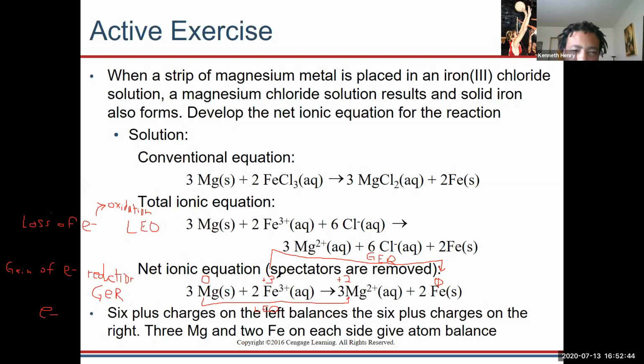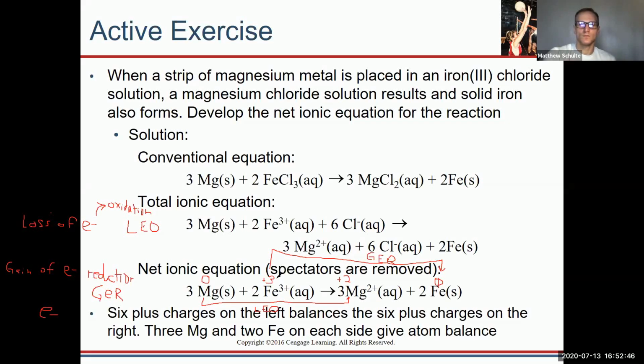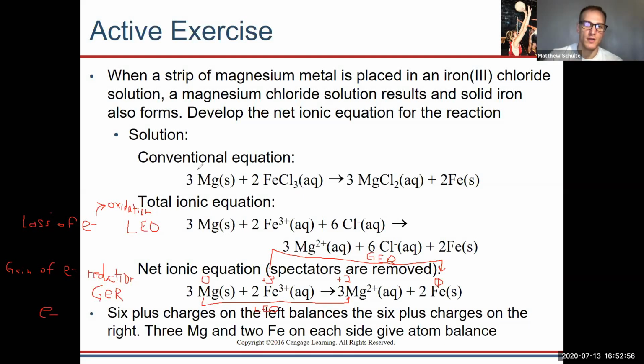You guys see that? Yeah. Okay, good. What kind of equation did you call that? Redox. It stands for reduction oxidation reaction. Redox.